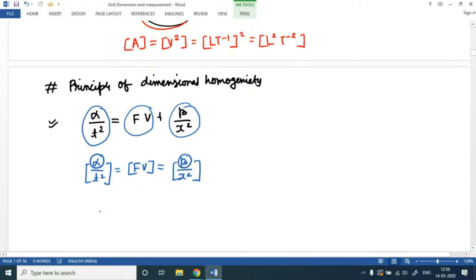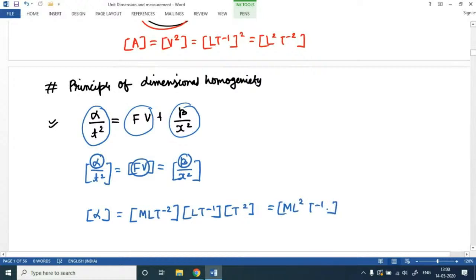For example, the dimension of alpha over here would be the same as the dimension of fv into t square, right? The dimension of f is nothing but MLT^-2, the dimension of v is nothing but LT^-1, and the dimension of t square is t square over here. When you combine them, what you get is ML^2 T^-1.